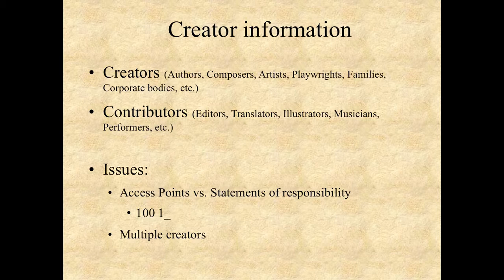In the past, we have not always included every party included in the creation of a work in our descriptions. This is in part related to the fact that a lot of our descriptive rules originated with things like catalog cards, which have limited space on them. So there used to be rules about how many creators to include if there were multiple ones. But this is something that is changing.